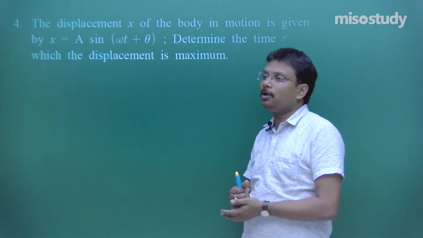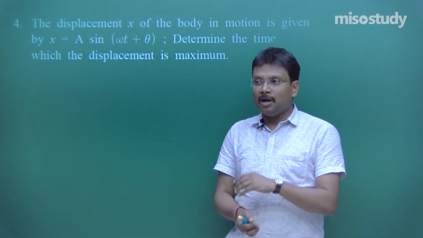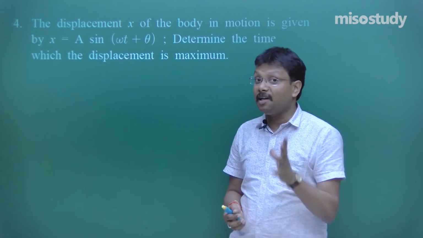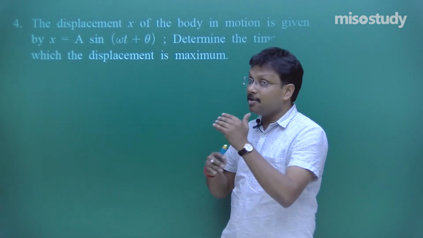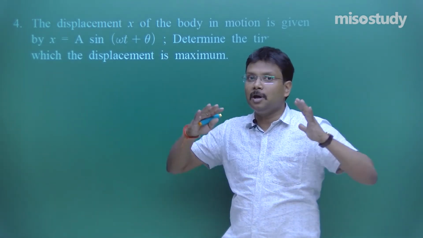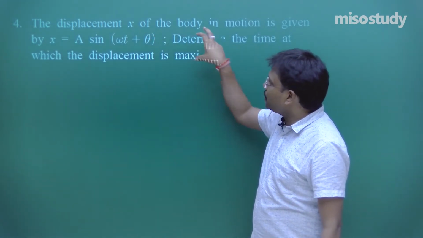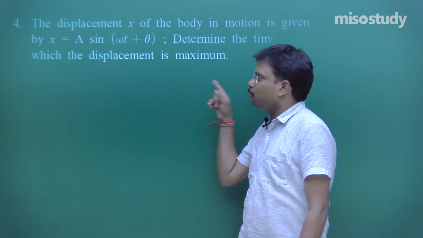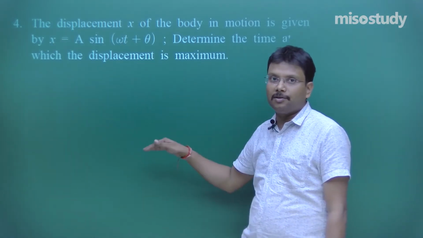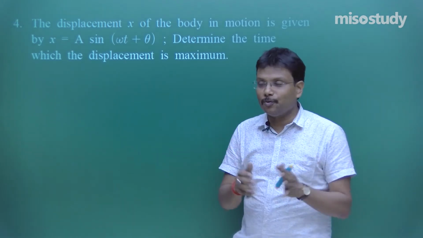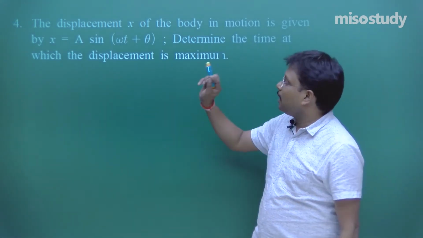Trap question means the question is for 2 marks, but your examiner will put it in such a manner that you will be highly confused. You will say, oh, the question is so long, I have to write 3-4 lines, which is not required. He is just putting a trap for you. What he asked is what is important.